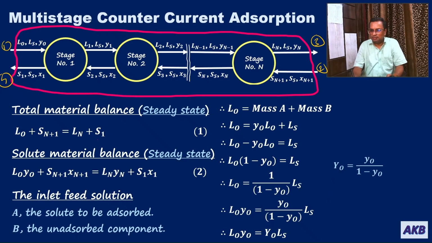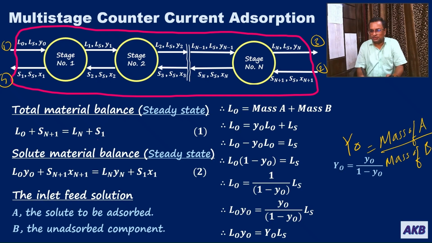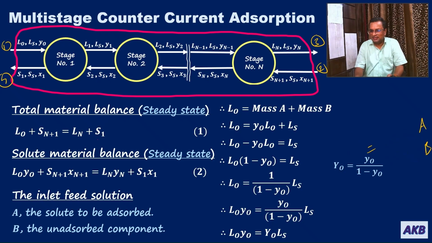So this is mass of A in the inlet solution divided by mass of B. So that is nothing but capital Y0. I have discussed it in detail in my earlier videos. The link to the entire playlist is available in the description section.